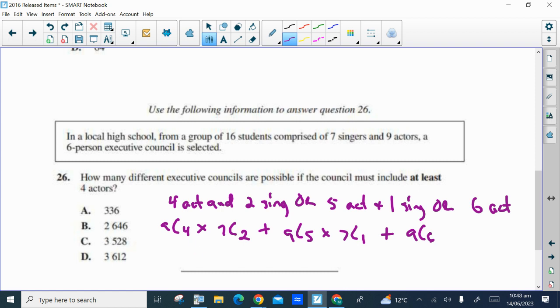So if you work out each of these, you'll get 2646 plus 882 plus 84. They add to get 3612. So combinations, because order doesn't matter, and then you have to look at the 3 different scenarios that satisfy at least 4 actors.